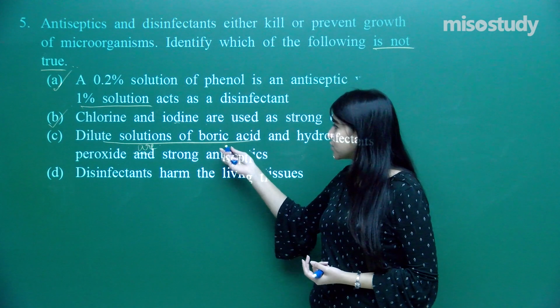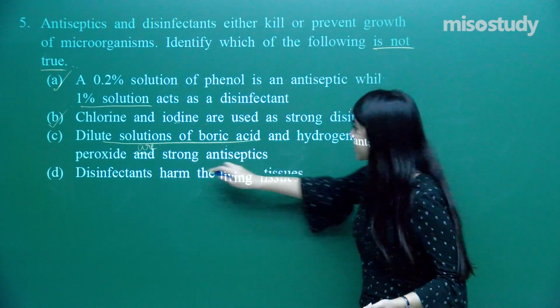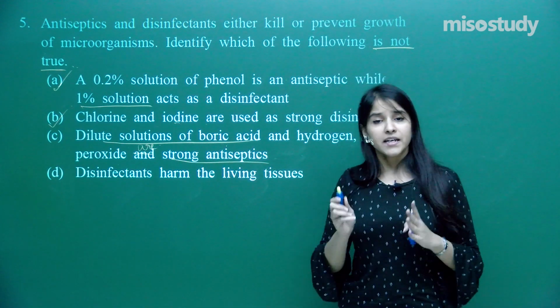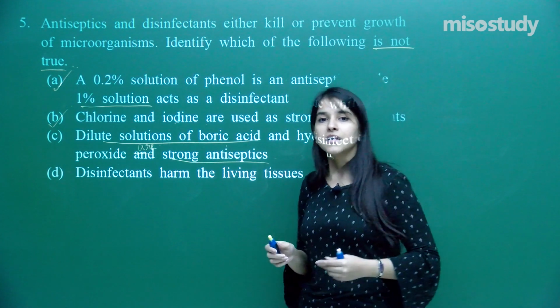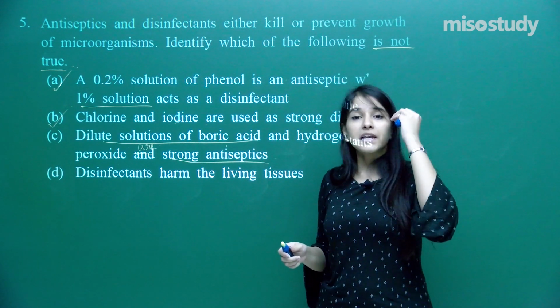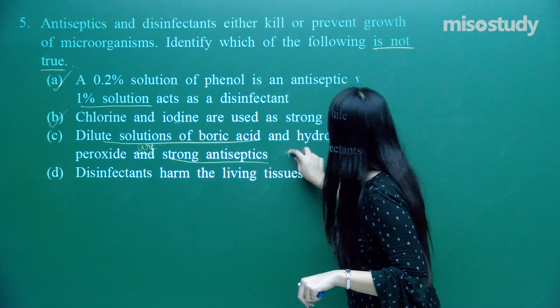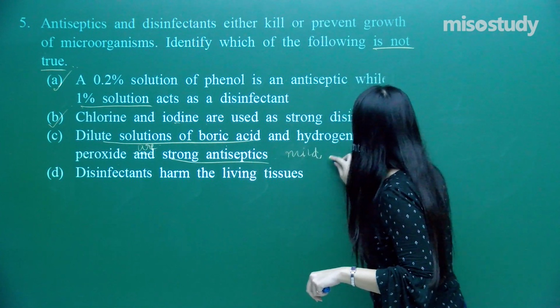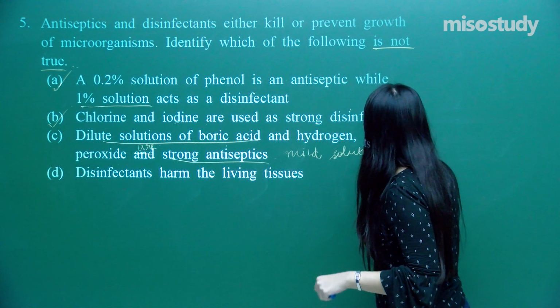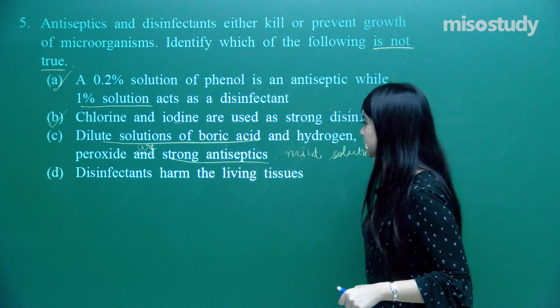That means it must be a very sensitive solution. So how can I say it is a strong antiseptic? It is a super mild antiseptic. In order to cause less harm to our eyes, these solutions are used. So these are mild antiseptics, not strong ones.